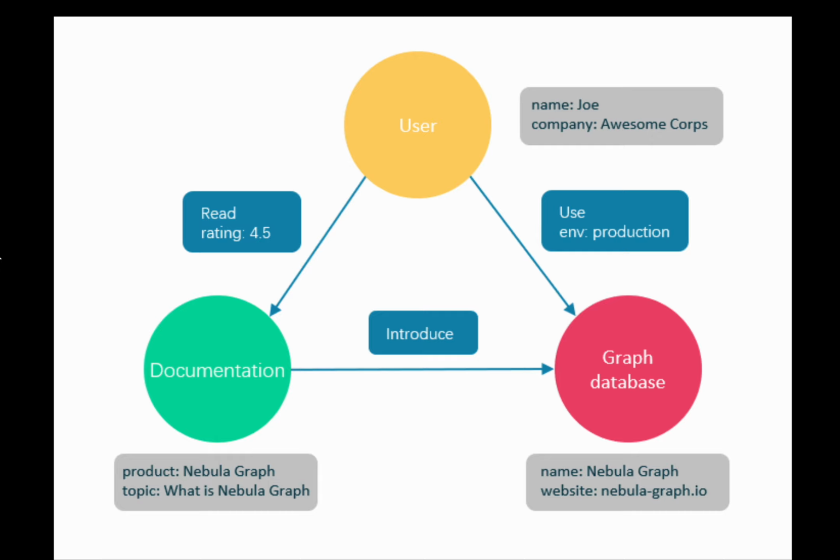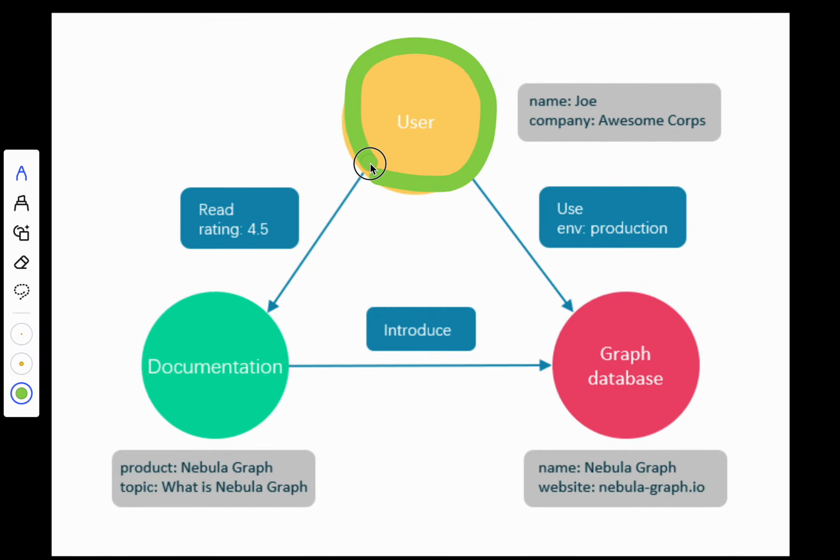As you can see here, in a graph database we have three things. First, we have the nodes. These are your primary data elements, such as user, documentation, graph database, or user, products, location. And we have edges.